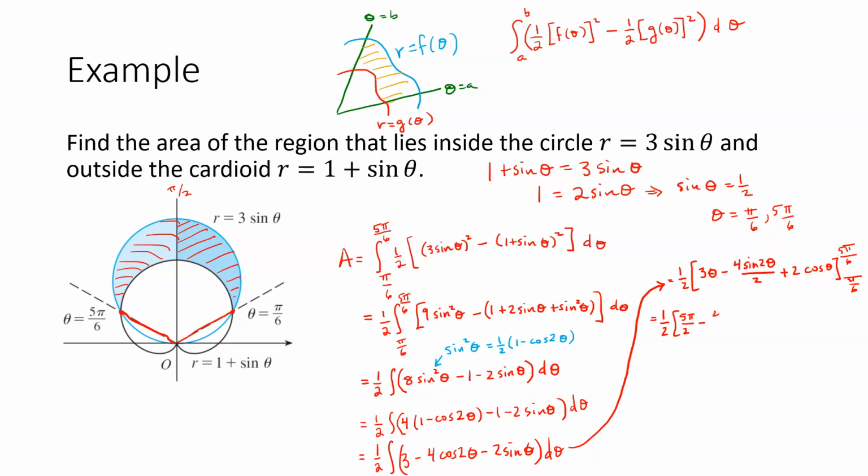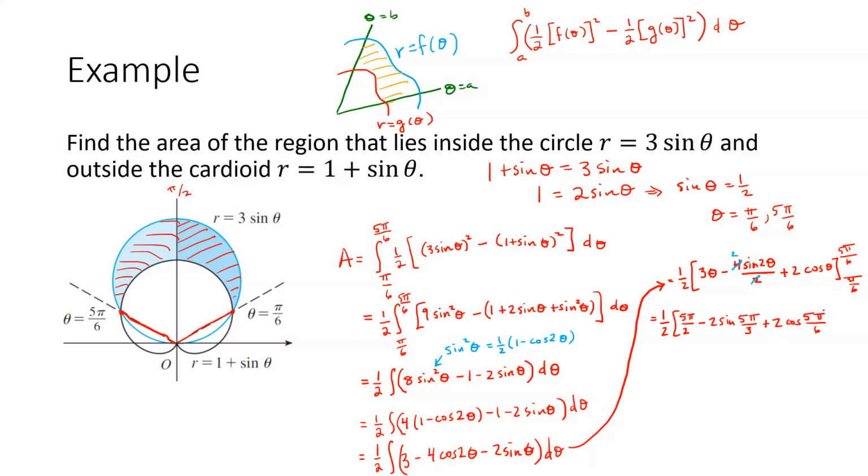So we got 4 sine of 5 pi over 3 over 2, and let me simplify the 4 over 2 while I'm at it. So we get 2 sine of 5 pi over 3 plus 2 cosine of 5 pi over 6.